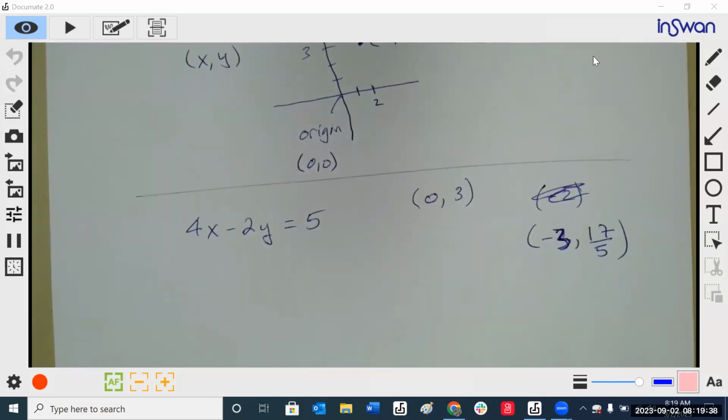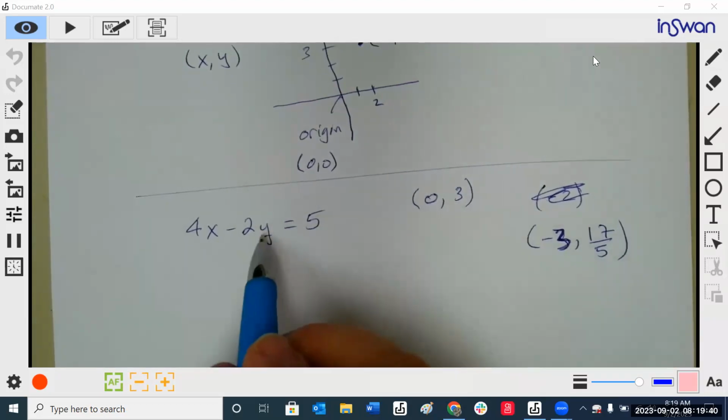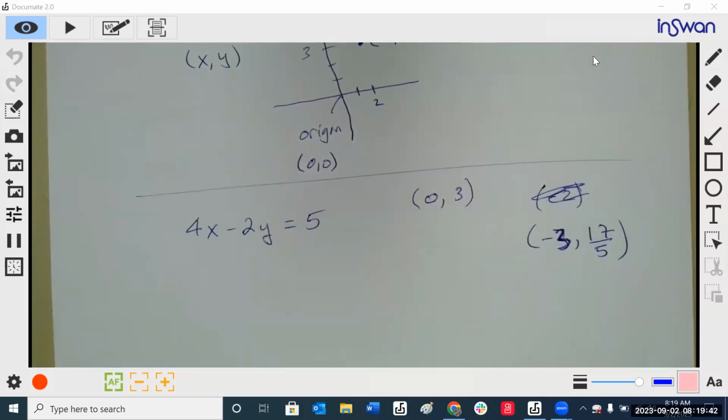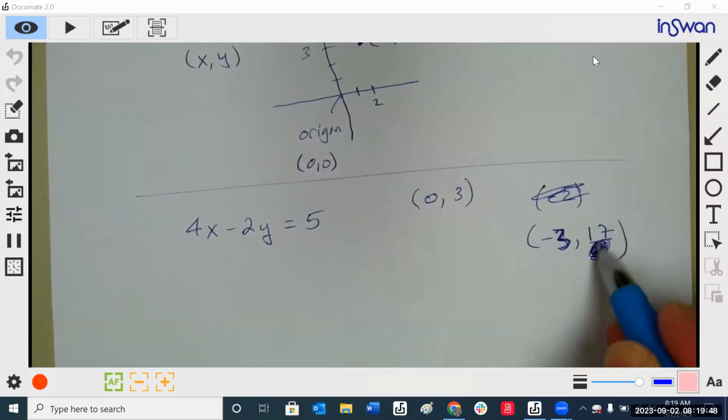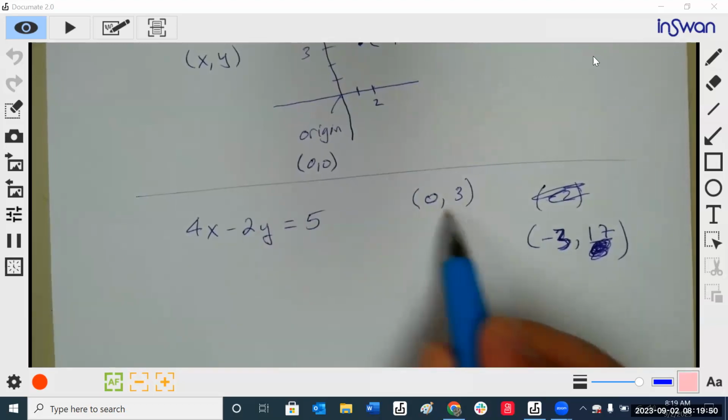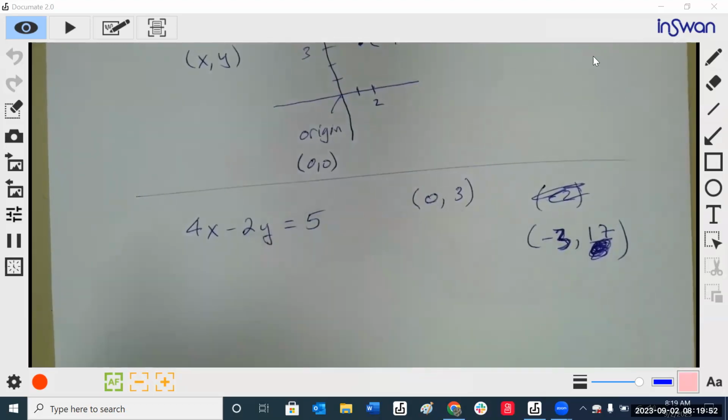Are those 2 points, are these solutions to this? Let's just make it 17 right now. Are these points solutions to this equation? It's a math course.